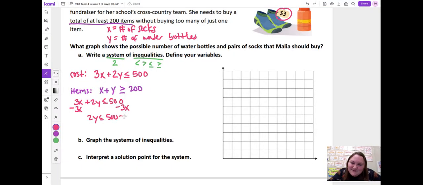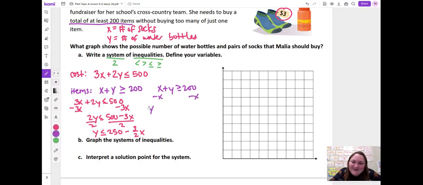And then I need to divide by 2. That gives me y is less than or equal to 250 minus 3/2 x. My other one's going to be easier to solve. We have x plus y is greater than or equal to 200. I want y by itself, so all I need to do is subtract x.